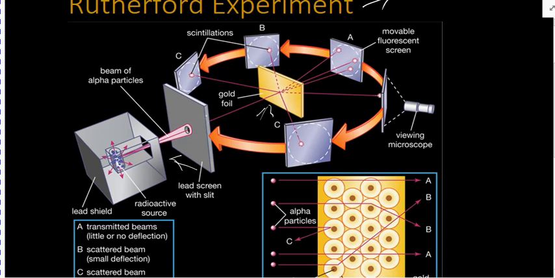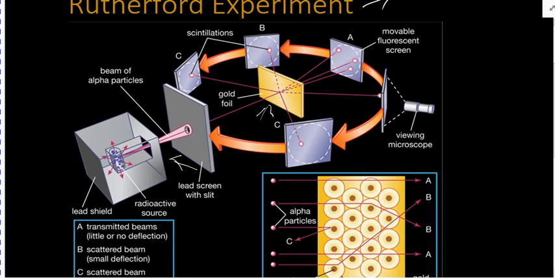Of course, the alpha particle is a radiation. The idea is to know exactly the deviation, or to know the characteristics of the particles that pass through the gold foil.